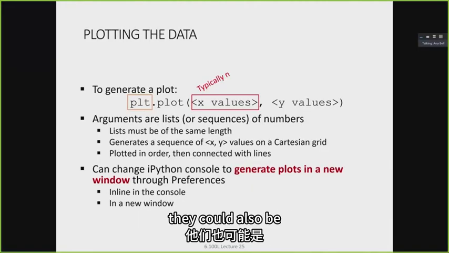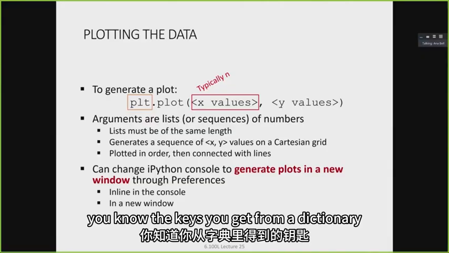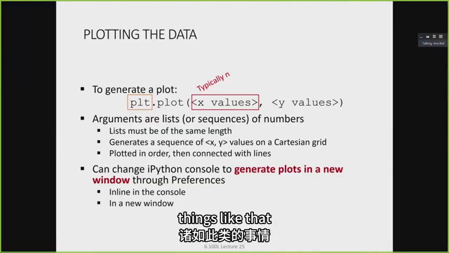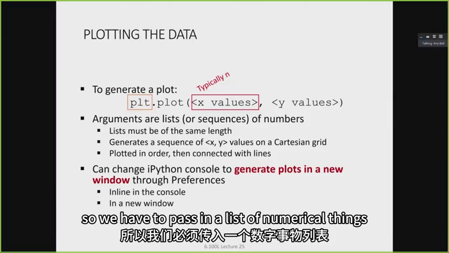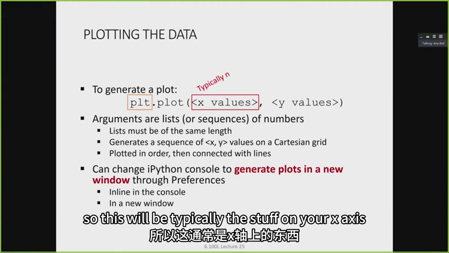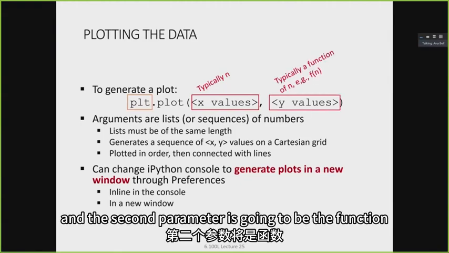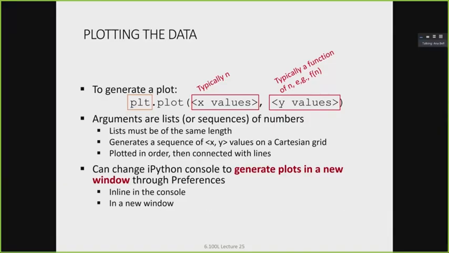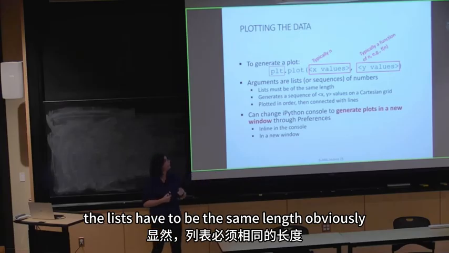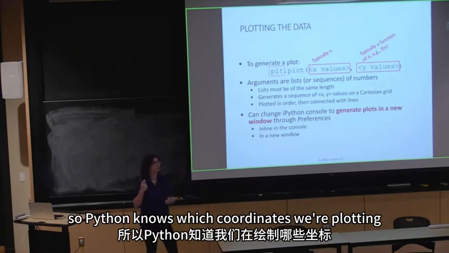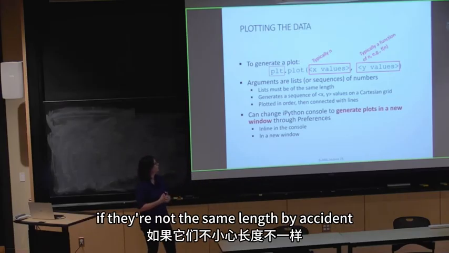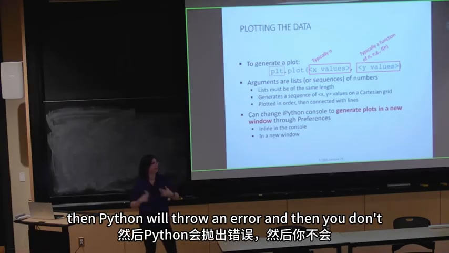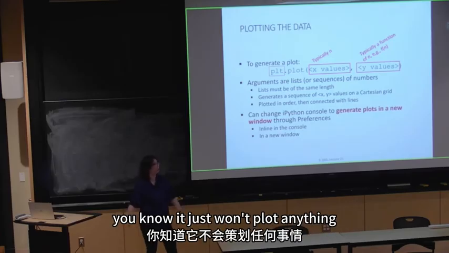They could also be the keys you get from a dictionary, that was also an iterable, things like that. So we have to pass in a list of numerical things. So this will be typically the stuff on your x-axis, and the second parameter is going to be the function of those values of the x-axis. The lists have to be the same length, obviously, so Python knows which coordinates we're plotting. If they're not the same length by accident, then Python will throw an error, and then it just won't plot anything.